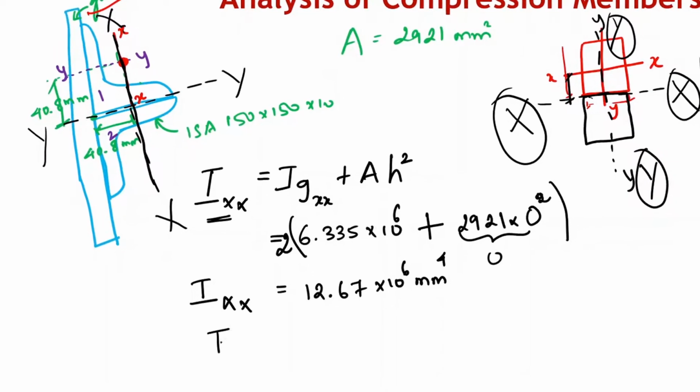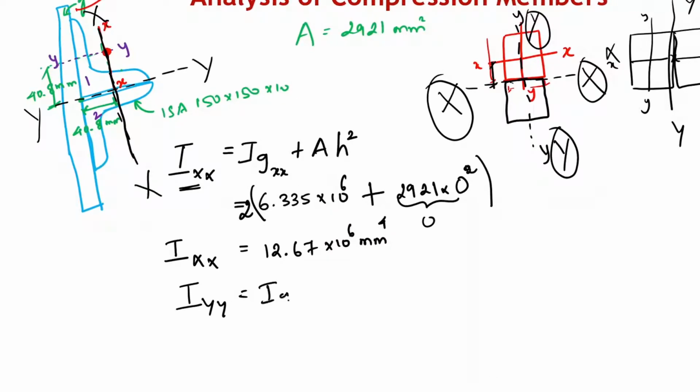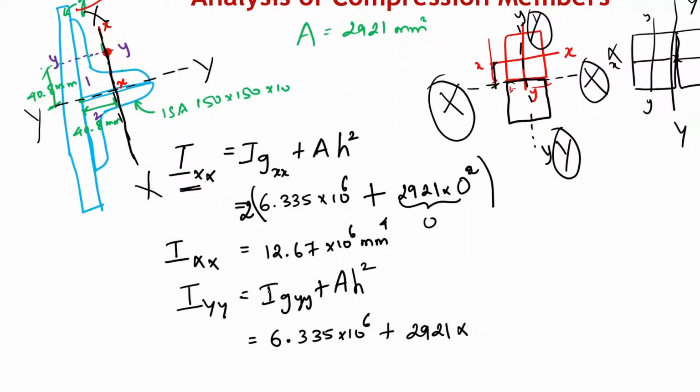Now if I calculate the moment of inertia about yy, again same: Igyy plus Ah square. Now Ig, again since it is an equal angle section, is 6.335 into 10 to the power 6, plus area of the member 2921 into h.